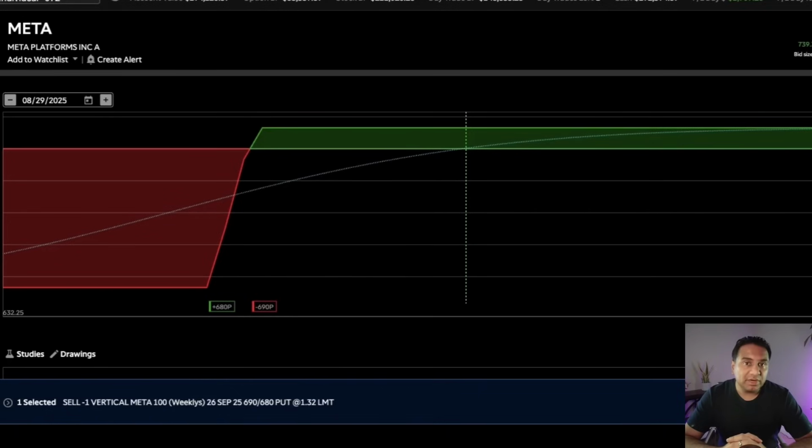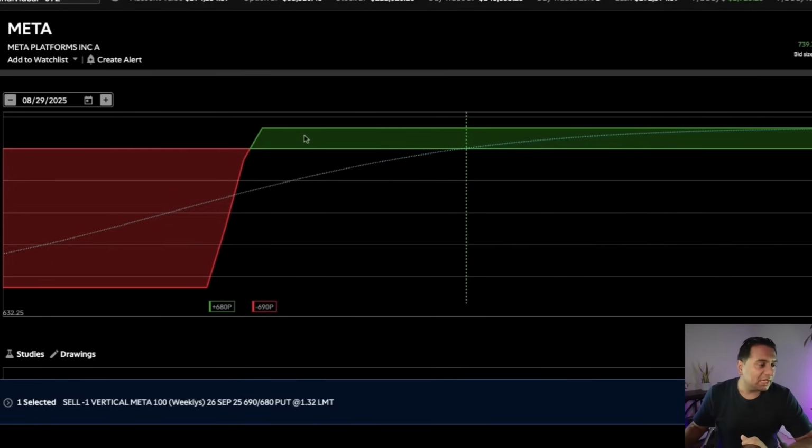Comparing that to the put credit spread, let's assume we went with the $10 wide spread, which is selling one put at the 690 strike price and buying another put at the 680 strike price. Again, since it's a $10 spread, that would require $1,000 in collateral. And all you would need to pocket 100% of the premium that you collected at the time that you opened up the spread is for Meta to stay above $690.